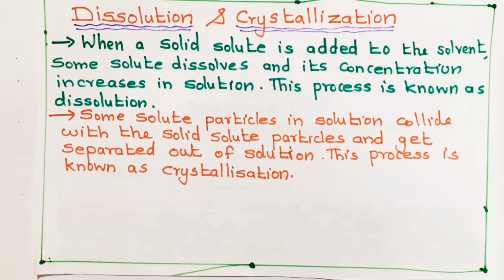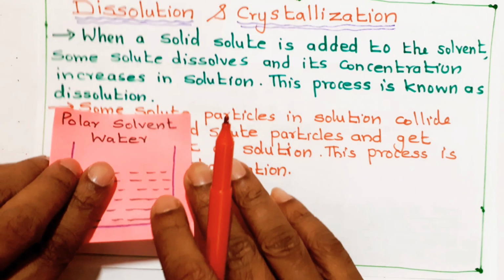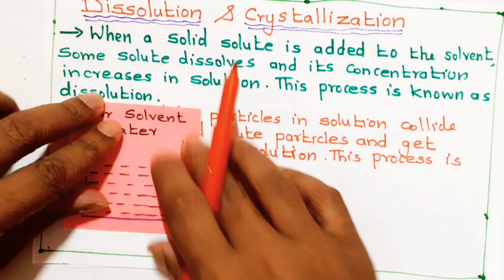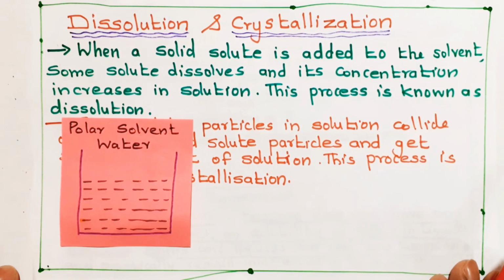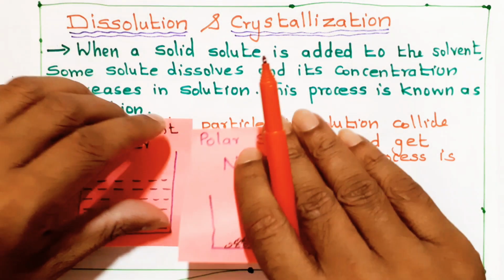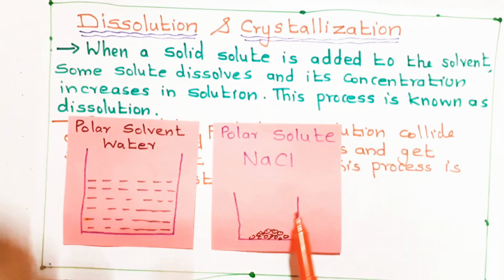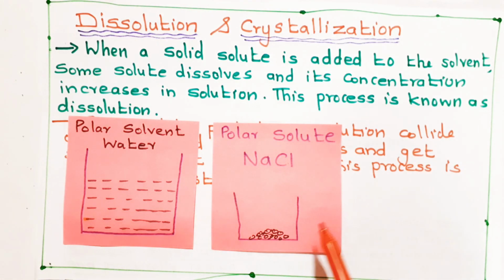So we will take again water as my solvent. I have taken water as my solvent, and you know this much water can dissolve this much quantity of sodium chloride. So I'll take some part of sodium chloride from this and add it into this water, and I will stir this. You know, sodium chloride will get dissolved into this water.